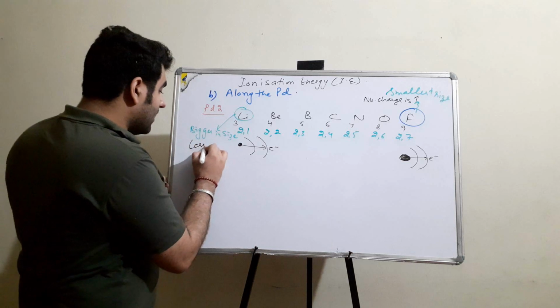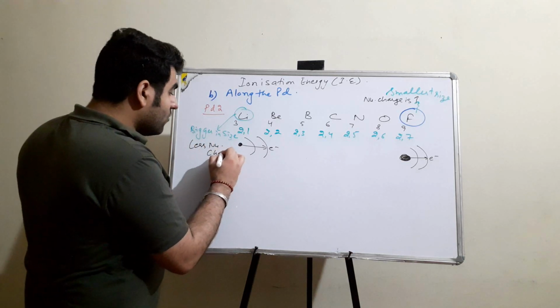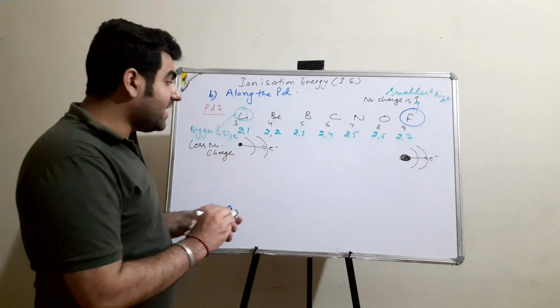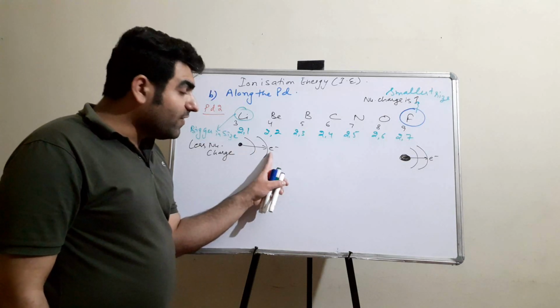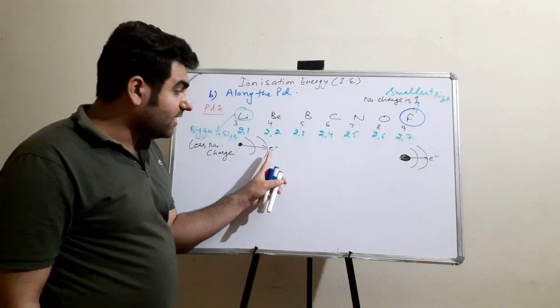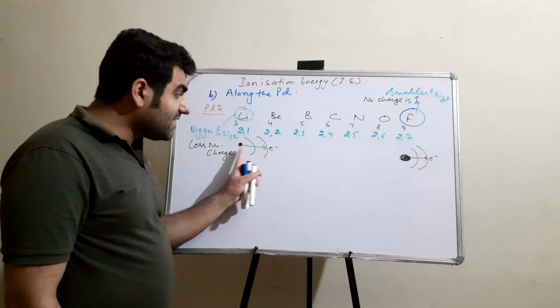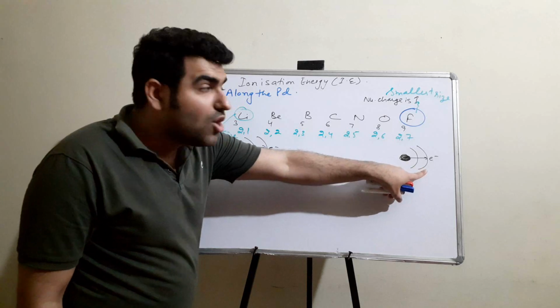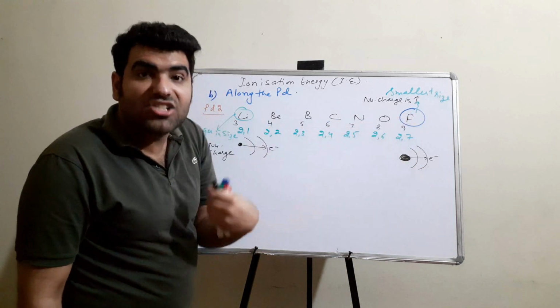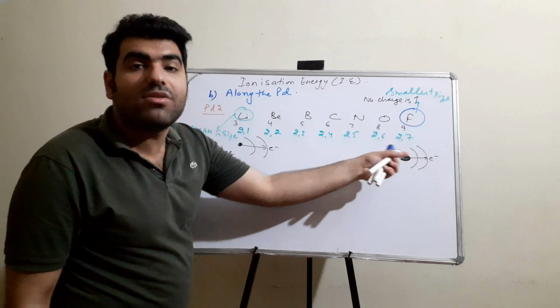If the nuclear charge is less, the electron is not under a strong influence of the nucleus, so we can easily remove it. It is easier to remove this electron as compared to fluorine. So fluorine requires more ionization energy to remove the electron.